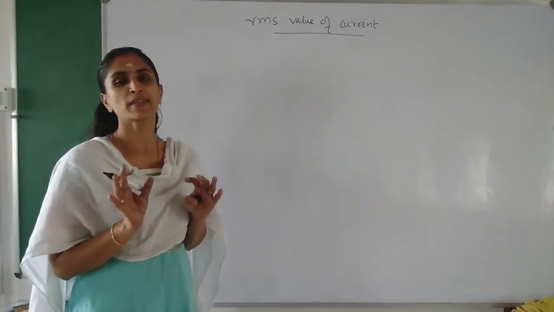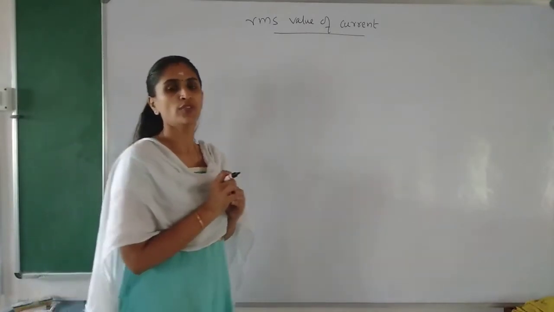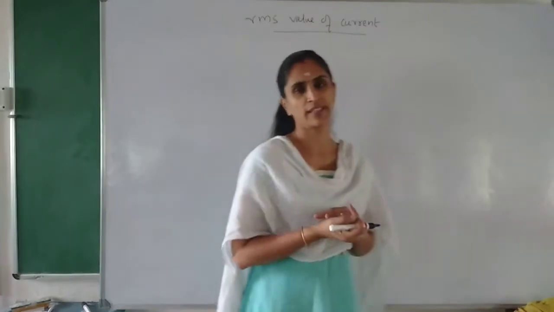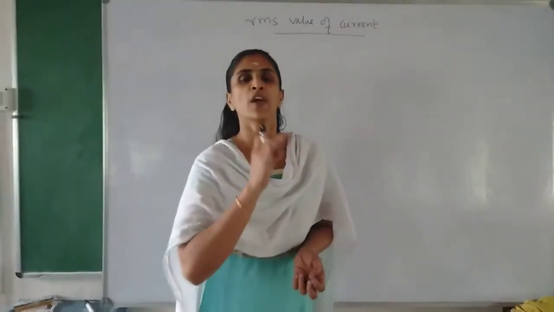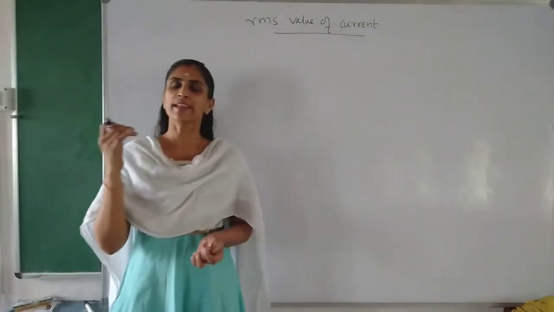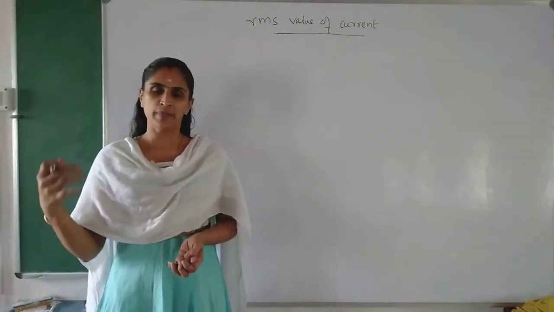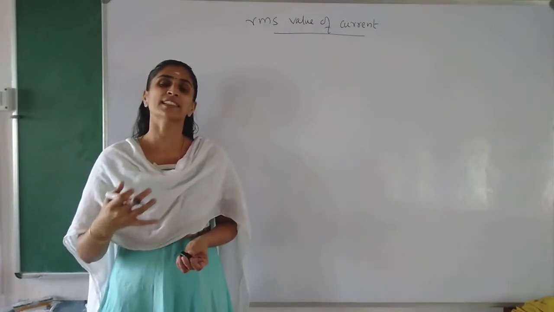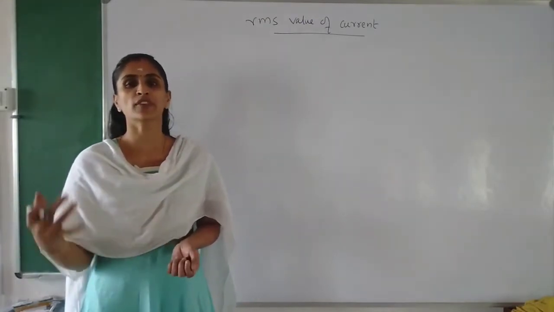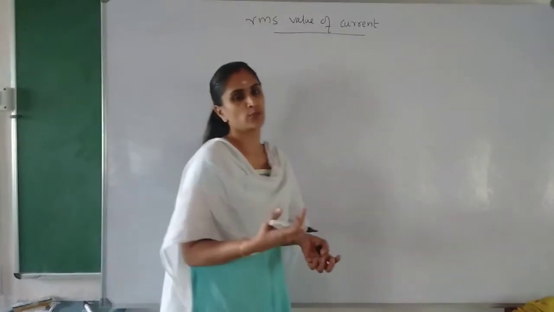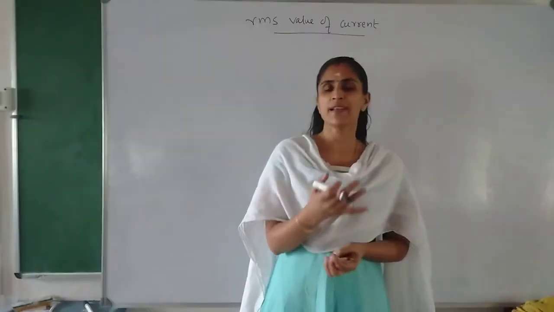So what is meant by RMS value of AC current or AC voltage? It is that DC current which, passing through any resistor or material, produces the same heating effect as that of AC voltage passing for the same interval of time.